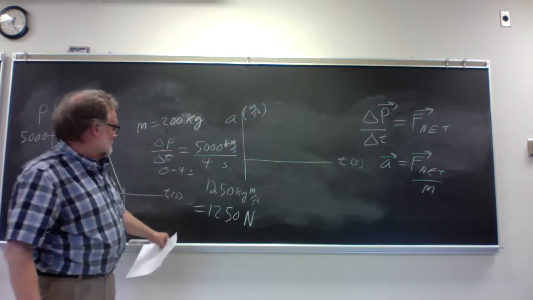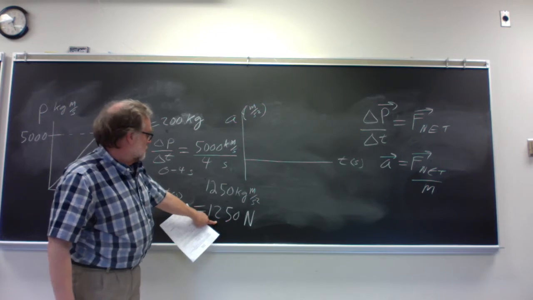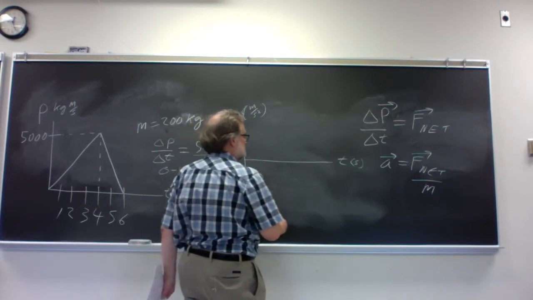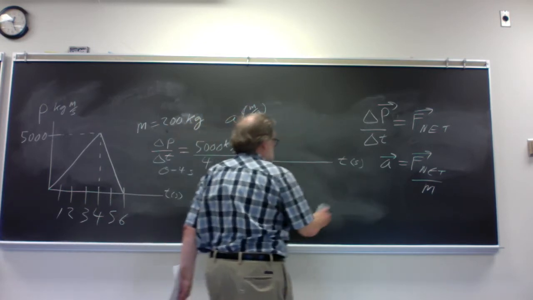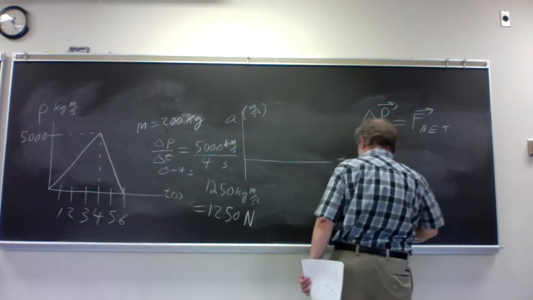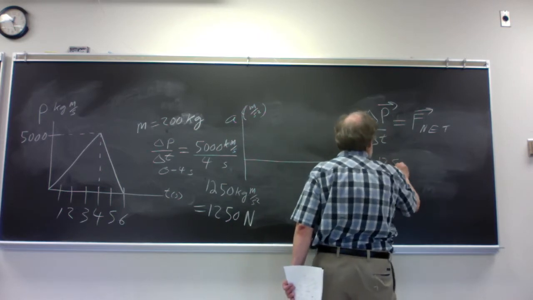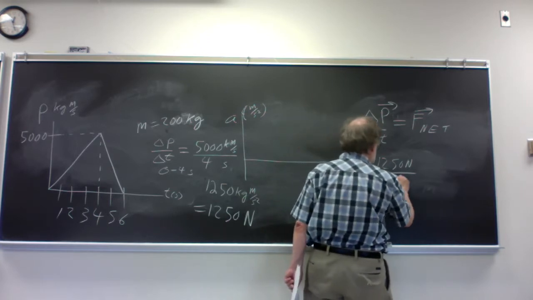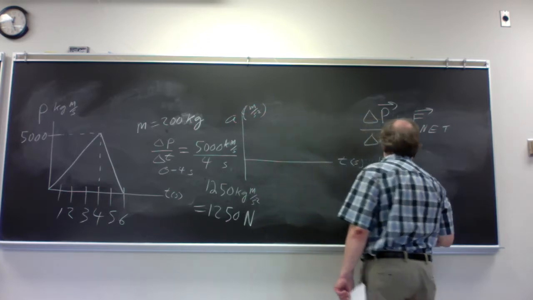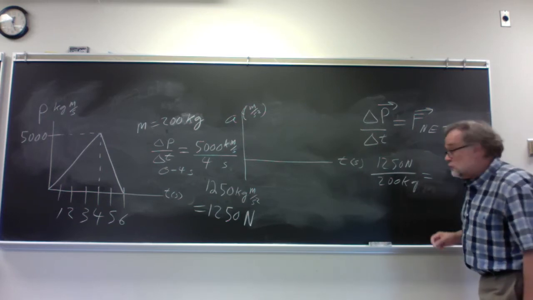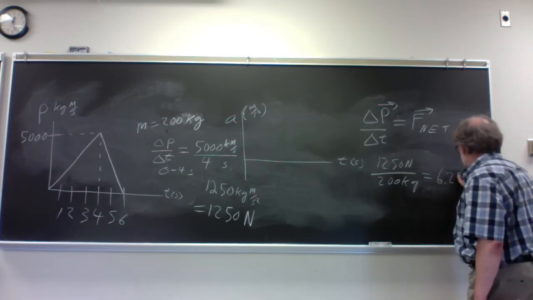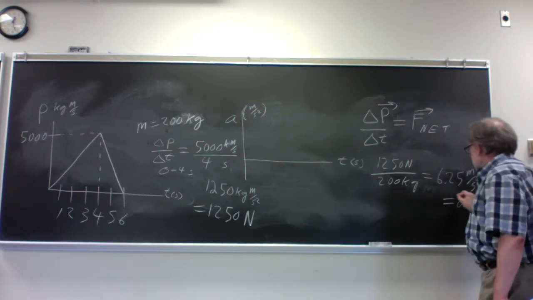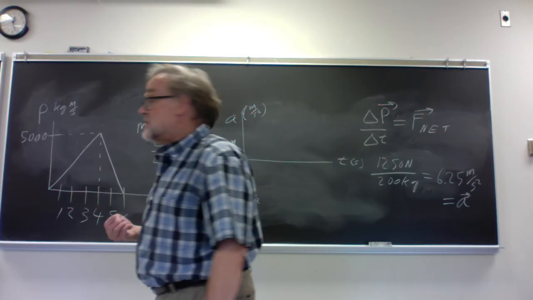So a net force of 1,250 newtons divided by a mass of 200 kilograms gives us 6.25 meters per second squared for the acceleration between 0 and 4 seconds.